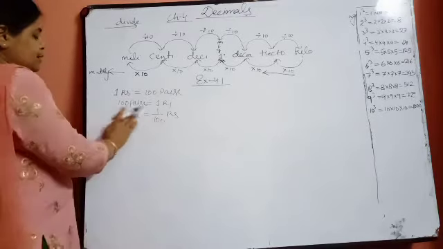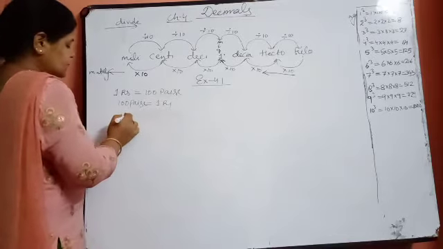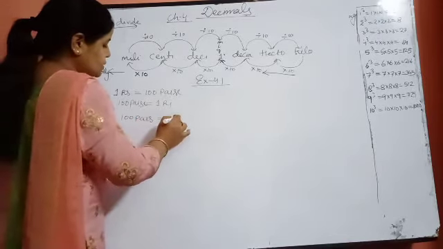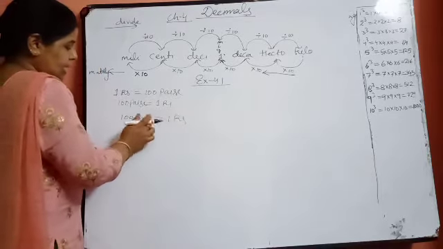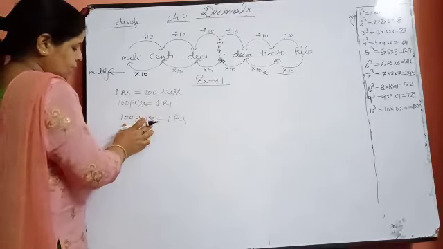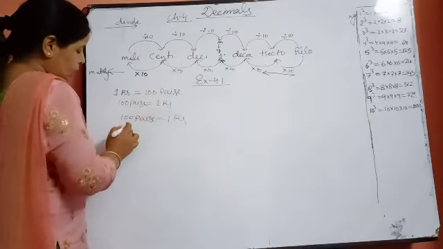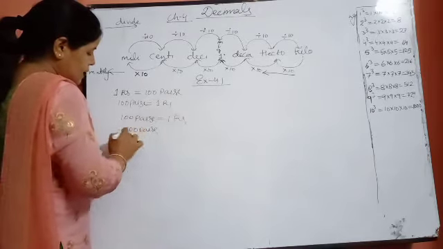How have I done it? You can see that 100 pies is equal to 1 rupee. Now what I would like to make? I would like to make the 100 into 1. So how can I make it 1? I divide 100 pies by 100.